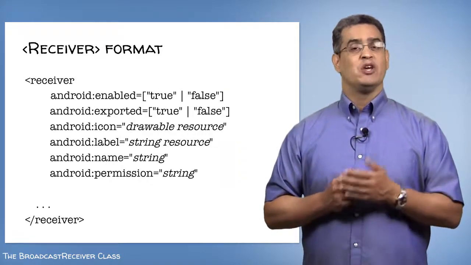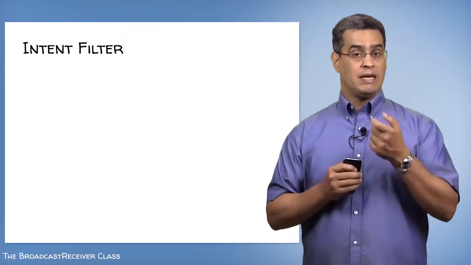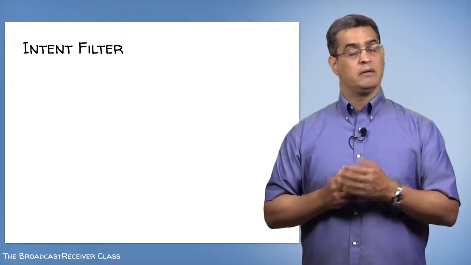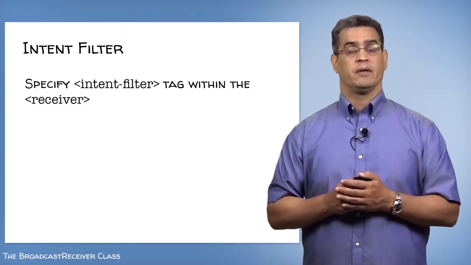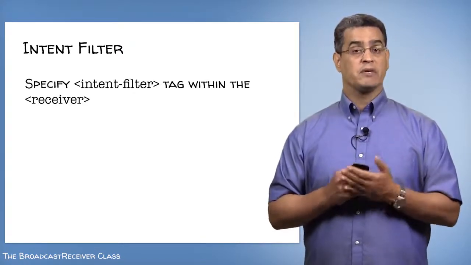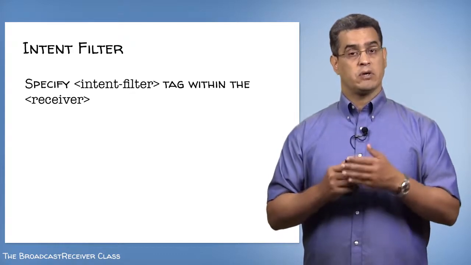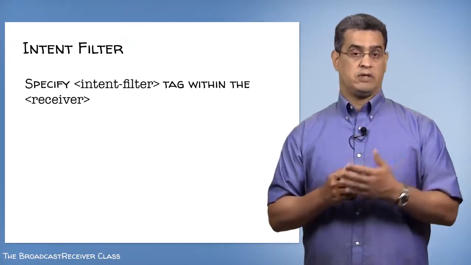And as I said, you'll also have to specify at least one intent filter tag, which we covered back in our lesson on intents. Now, once you've created the receiver tag, you insert an intent filter tag as one of its children.